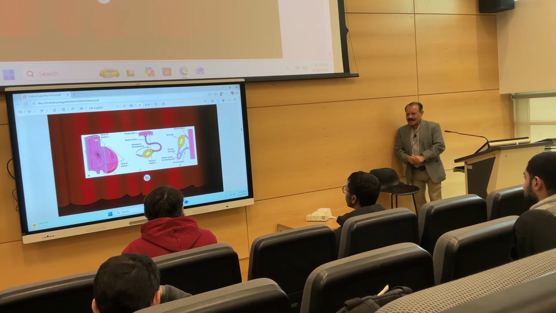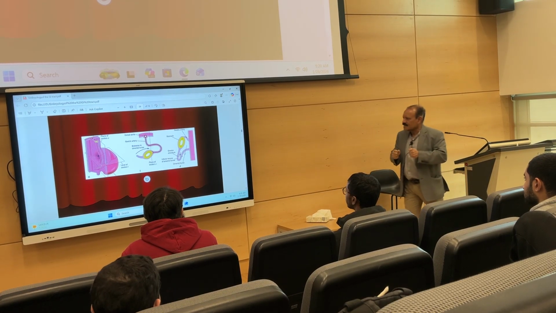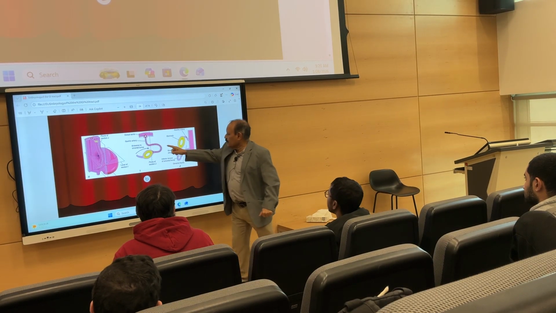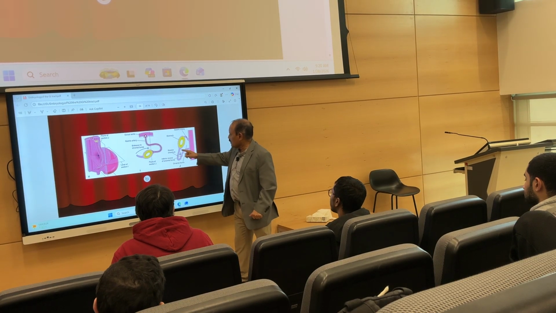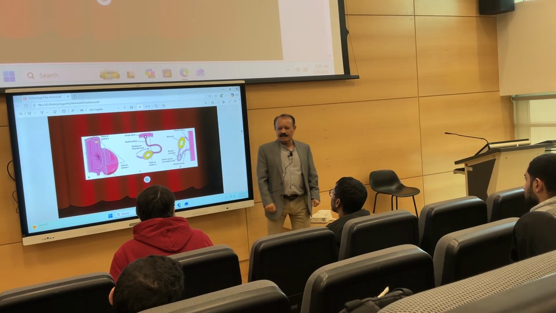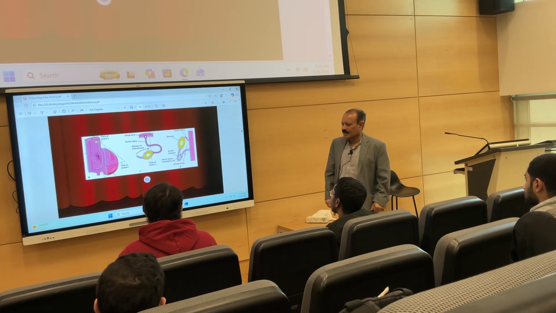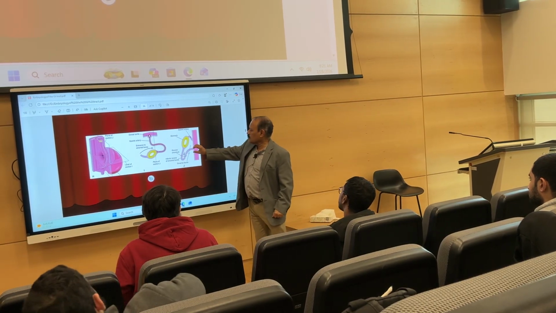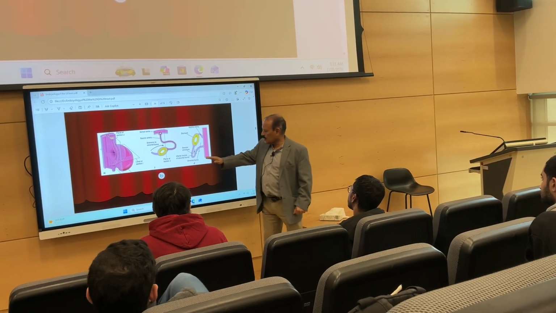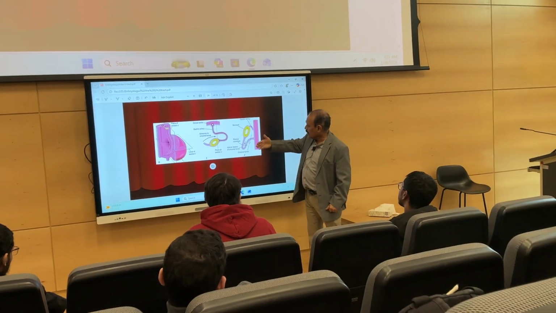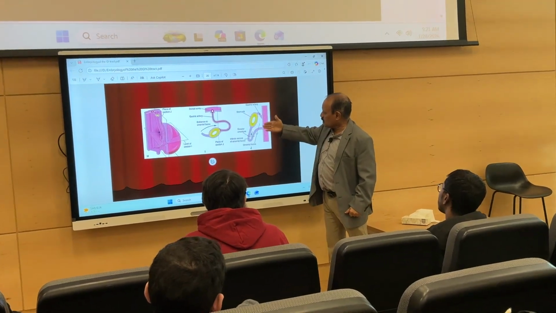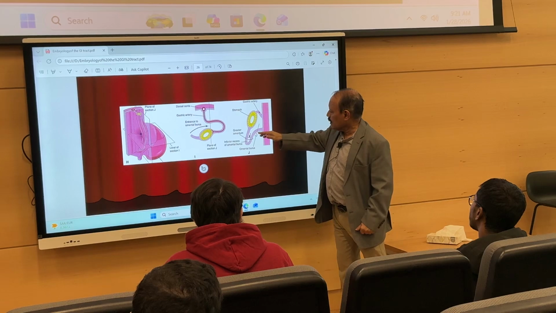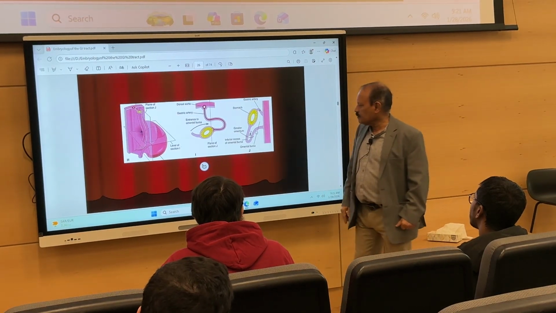Finally, I got it. It's clear now? This one is the same thing. Look carefully. Here is the structure associated with this, the transverse colon. If you take a sagittal section, but if you take a section over here, then the transverse colon will show up.